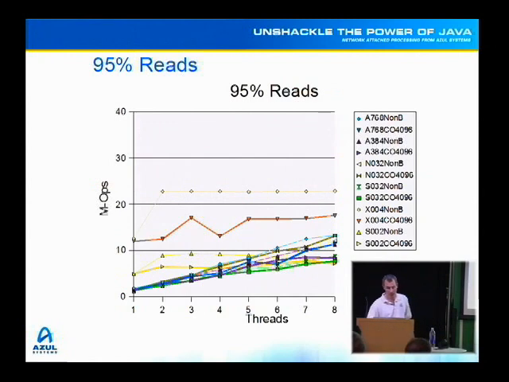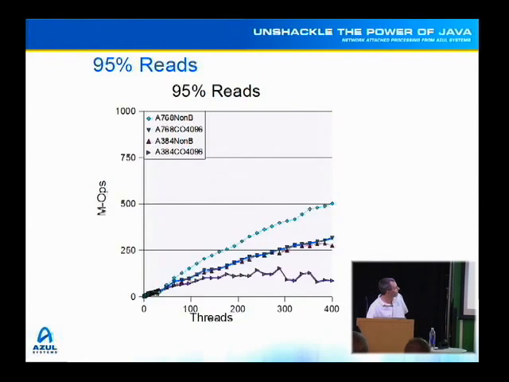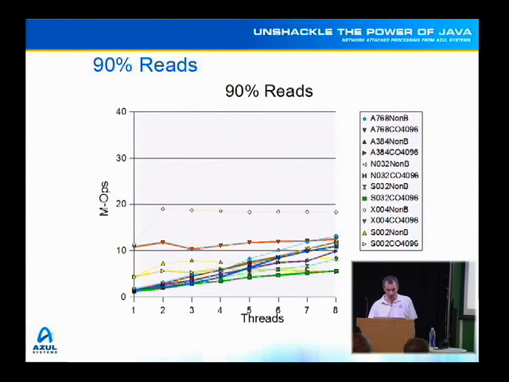Going out to 800 threads, I'm getting about a 3x difference between concurrent and the non-blocking algorithm. So he's getting 750 million reads a second, and whatever 1/20th of that comes to in updates a second. And I did it for 90%, which has the same thing.